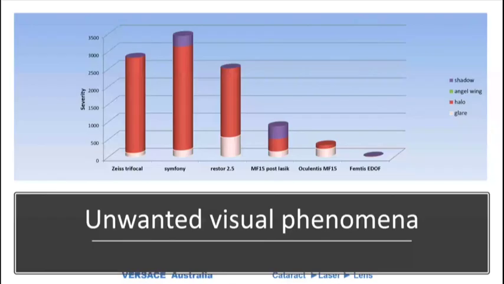And this was our published data when looking at the FEMTIS lens, which is the far right-hand column, so that there was almost unrecordable incidence of halos and glare with this lens. Even better than we found with the OcuLentis Comfort, the MF15 implanted routinely in the capsular bag, perhaps because of the relationship of the lens with the posterior surface of the iris.